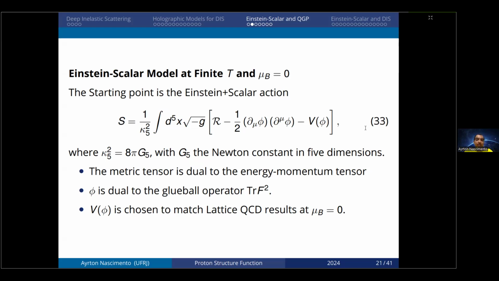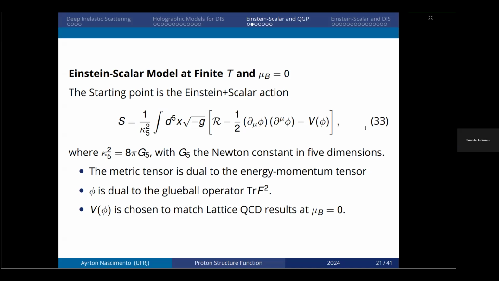When people started doing that, in the early years of holographic models applied to particle physics and other branches of physics, people started seeing that these models worked really well because the AdS/CFT correspondence relates a gauge theory in 4 dimensions with a classical gravity theory in 5 dimensions in AdS space.